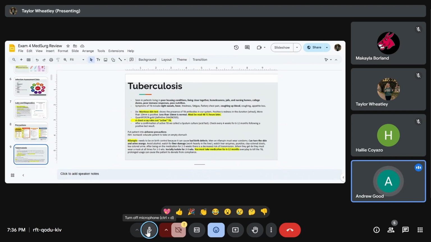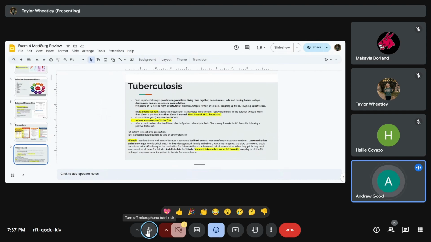This is your poor housing, homeless, jails, nursing homes, college dormitories, anybody with a poor immune system who can't really fight that off, and poor nutrition. Symptoms that really stick out, I won't go through all of them, but the night sweats, the fever, and the coughing up blood, that is huge. That is a big indicator for tuberculosis.